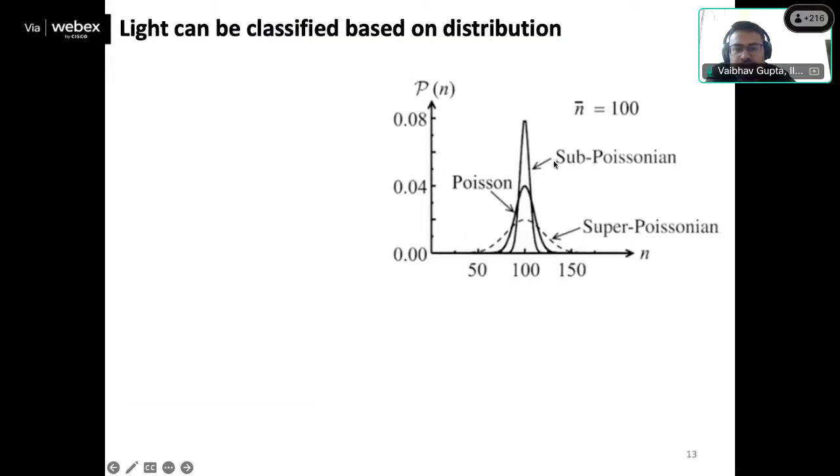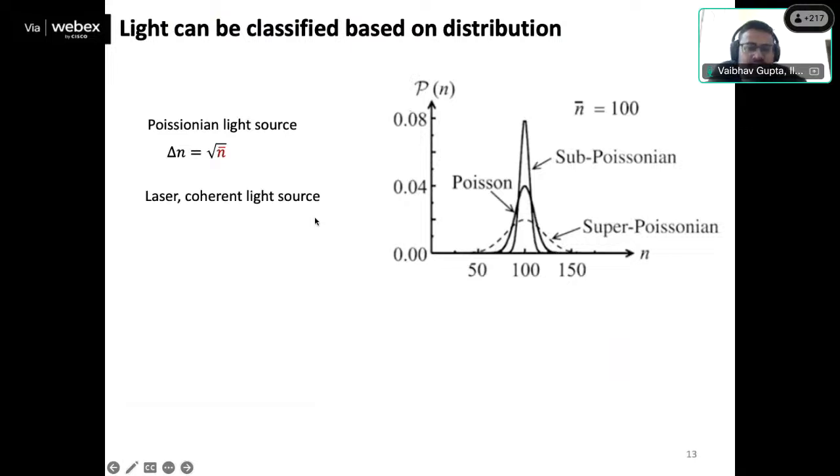And this graph is done for an average number of photons of 100. So a Poissonian light source is the one which follows this particular statistics. What is it? That the average number of photons, if you take the under root of that, that should be equal to your noise or variance or fluctuation.